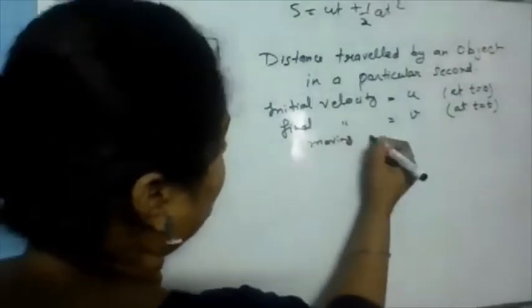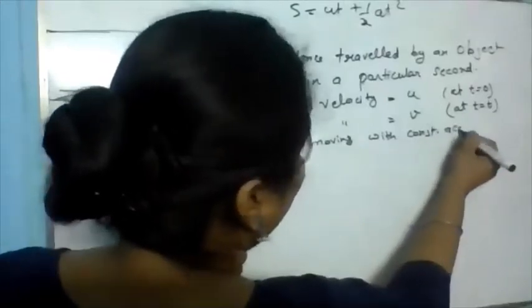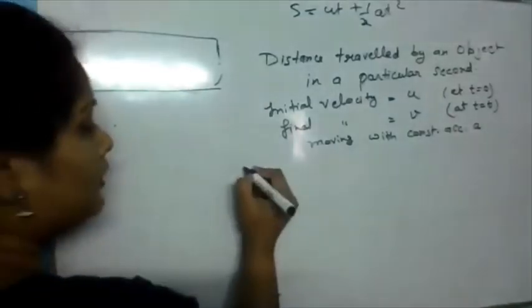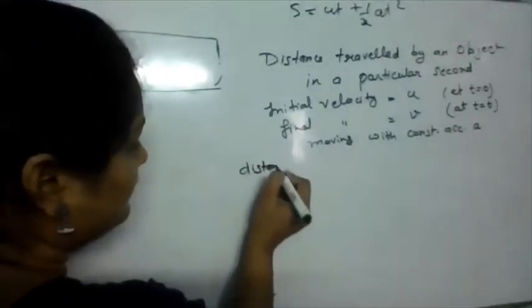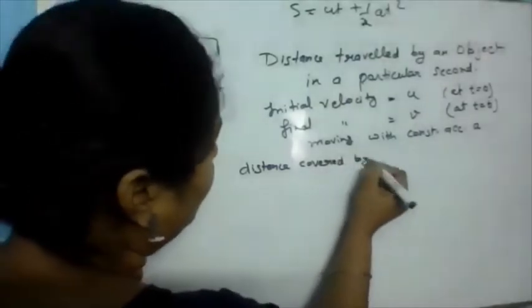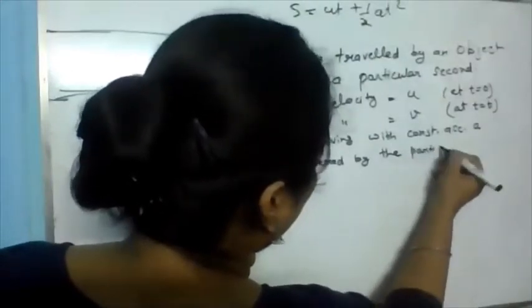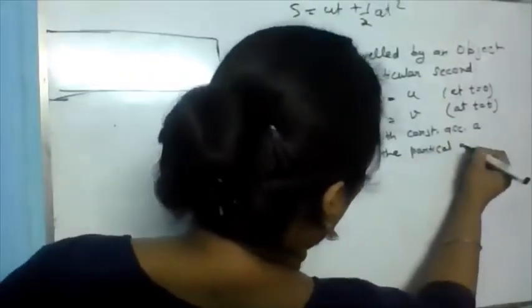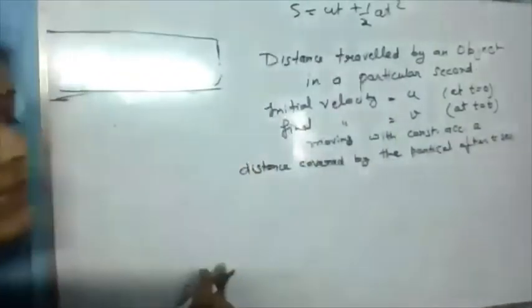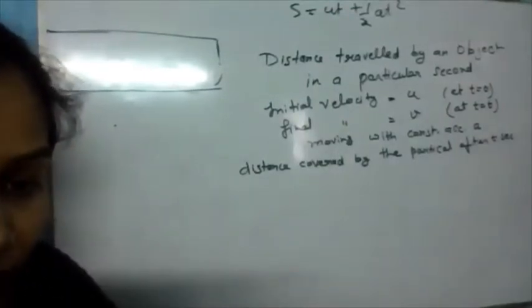moving with constant acceleration a. So the distance covered by the particle after t seconds.